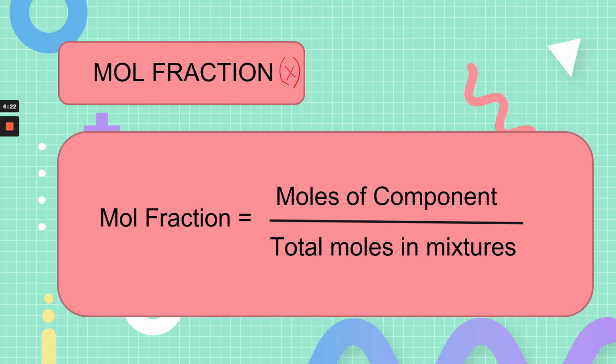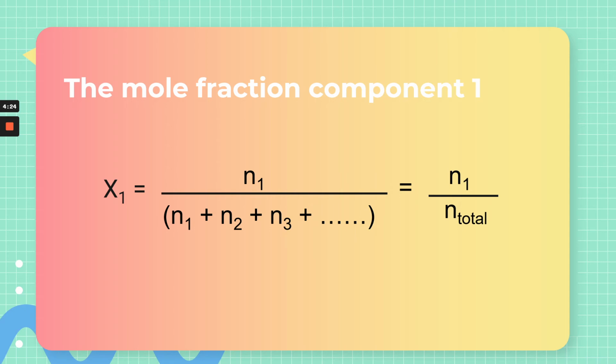So we can say that the mole fraction for component 1 is the number of moles of component 1 divided by the total number of moles.